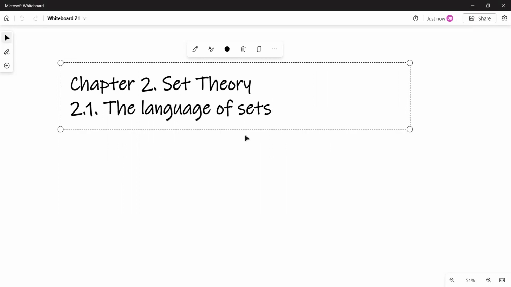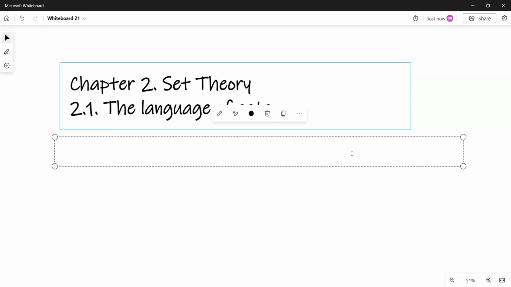Okay, so a set is one of those things that are hard to define in math, but we can think of a set as a collection of objects.